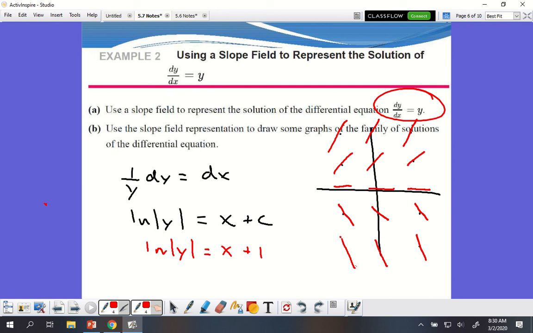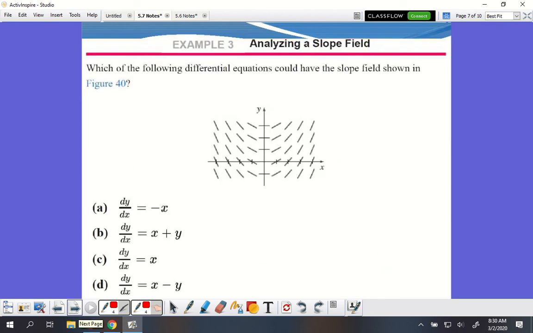Okay? So, same rule. If there's no y value, it's going to look like this going up and down. Okay? All right, let's try this one over here. So, is it the same going up and down? Yeah, so the y didn't play a part in it, did it?